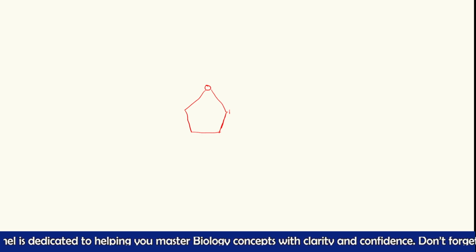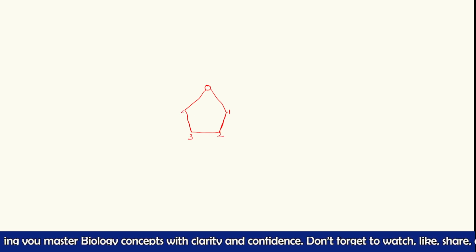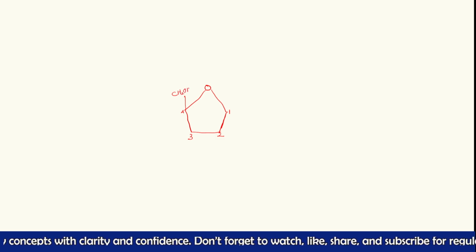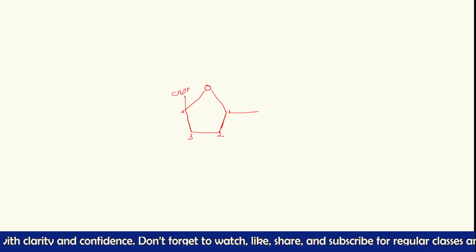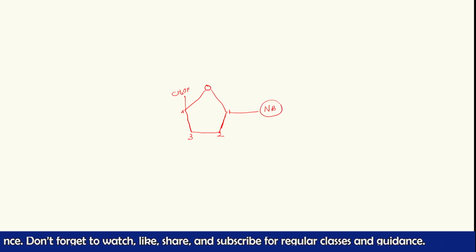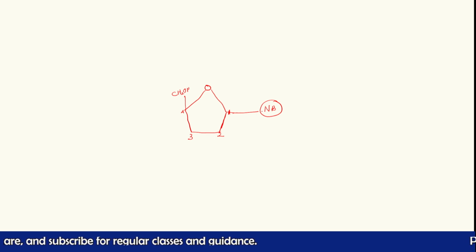This is the first carbon atom, second, third, fourth and fifth carbon atom, with CH2OH there. In the first position, the nitrogen base will be attached, and for binding with the nitrogen base there should be a bond.